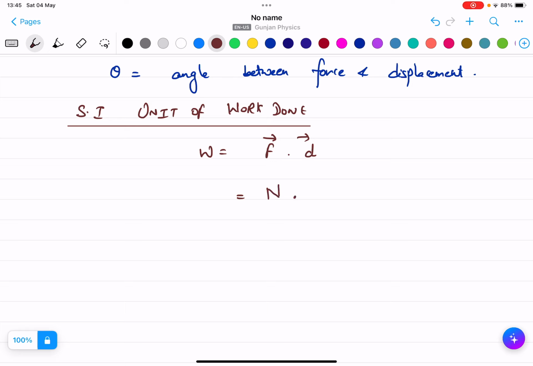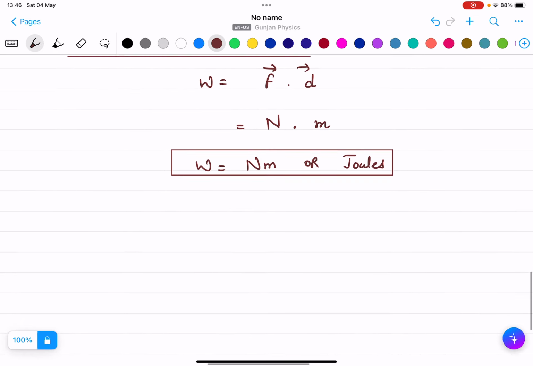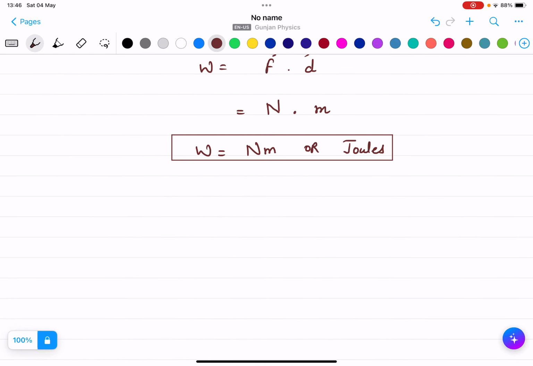What is the unit of displacement? It is meter. So the SI unit of work done will be Newton meter, or joules. Now there are three cases.